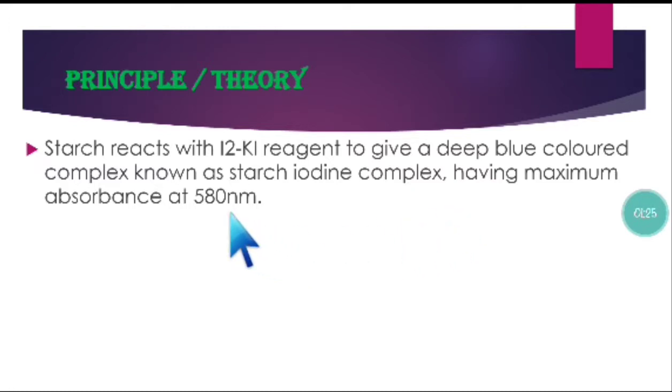Now actually it is the iodine from this I2-KI reagent that will react with the amylose part of starch and not with amylopectin. Here in solution, this potassium iodide will exist as these two ions.